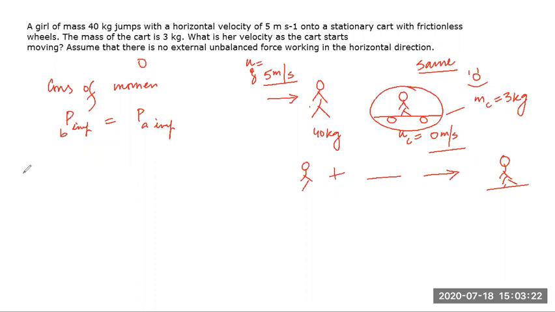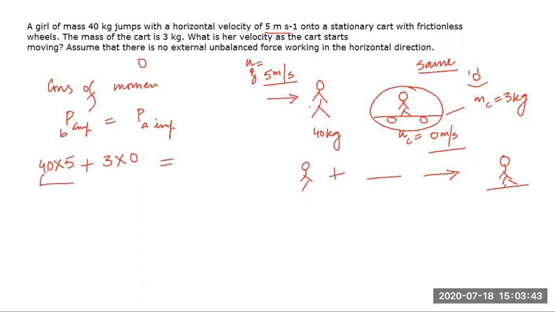Mass into velocity. What is the mass of the girl? 40. What was her velocity before the impact? 5 meters per second. Correct. Now, what is the mass of the stationary cart? 3 kg. But what is the velocity of the cart before the impact? 0 meters per second.